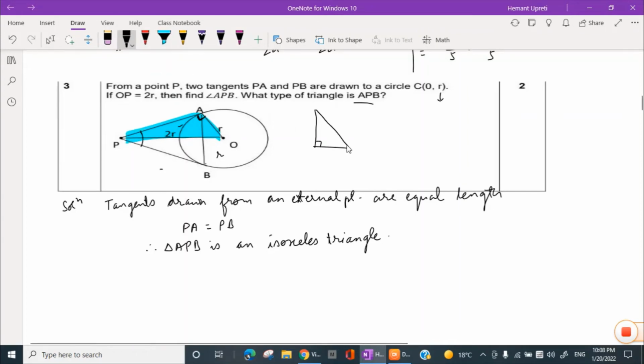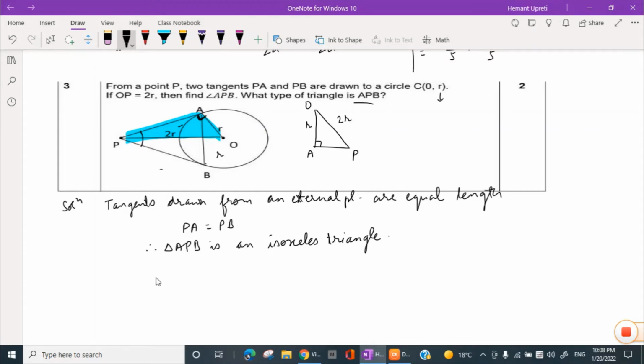So this is O, this is your P and this is your A. हमें पता है कि ये 90 डिग्री का एंगल होता है, तो इसके सामने का ये हाइपोटेन्यूज हो जाएगा क्योंकि रेडियस टेंजेंट पर कांटेक्ट पॉइंट पर परपेंडिकुलर होती है. तो ये आपका 2r है और ये r है.